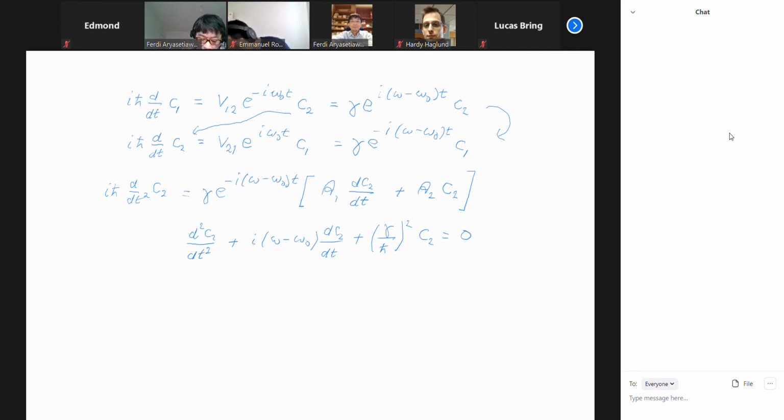We put C2 equal to an ansatz: some coefficient A times e to the alpha t. Alpha can be complex here. And then if you plug that into the differential equation, you get a quadratic equation in alpha.